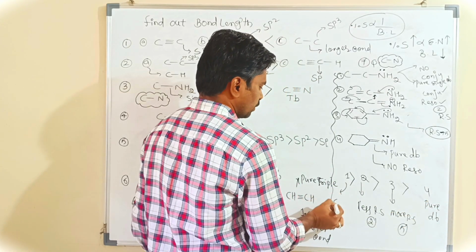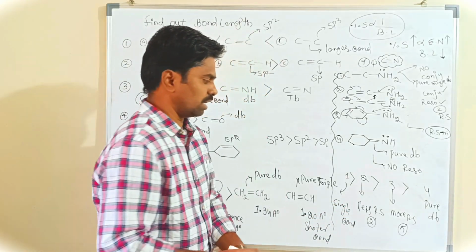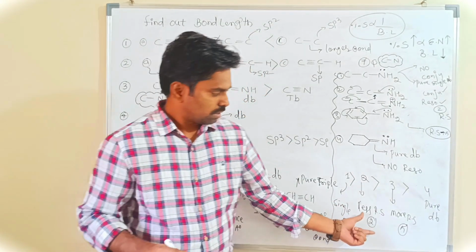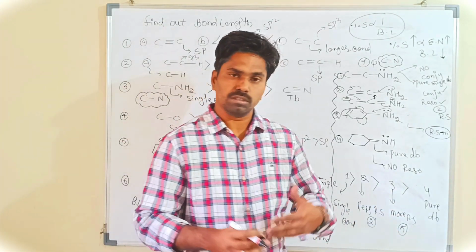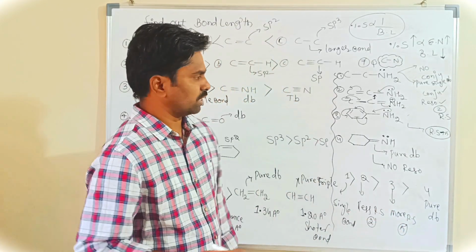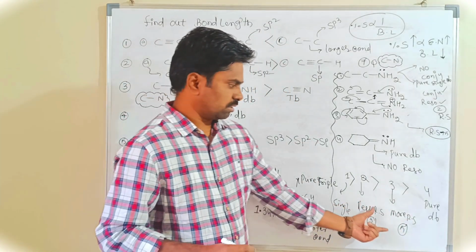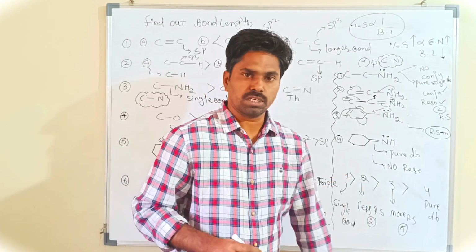So this is a pure single bond. The one which has fewer resonating structures consists of the longer bond, and the one with excess resonating structures consists of the shorter bond. So finally, which one is first? First is the first. Okay, understood?